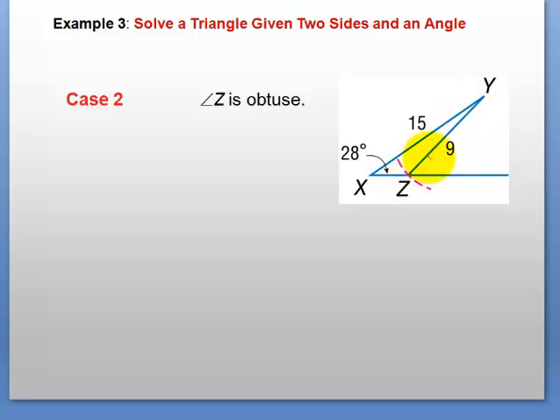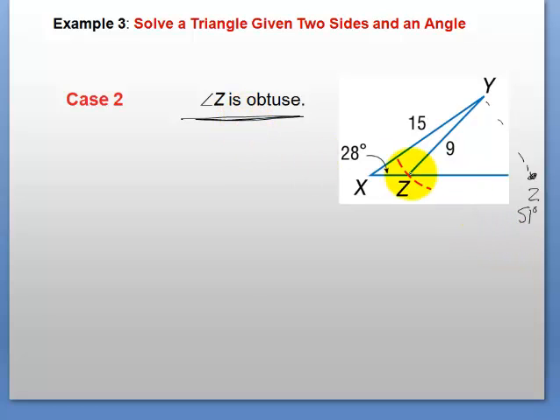And the length of 9 does not change, but what's happened is it went from Z being 51 degrees to rotating around, and now it's created a second triangle. And that second triangle is where Z is now obtuse. So our first angle of Z is always acute, being between 0 and 90 degrees.